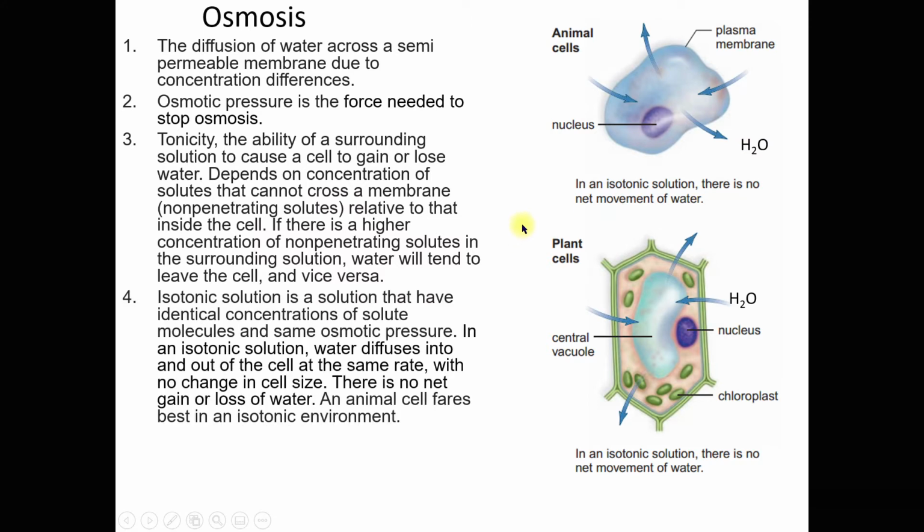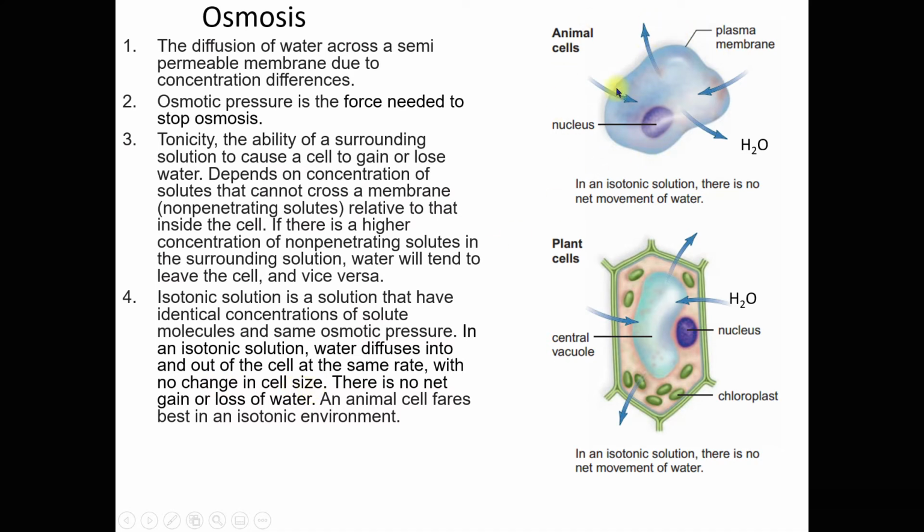Now, an isotonic solution is a solution that has identical concentrations of solute molecules and the same osmotic pressure. In an isotonic solution, water diffuses into and out of the cell at the same rate with no change in cell size.